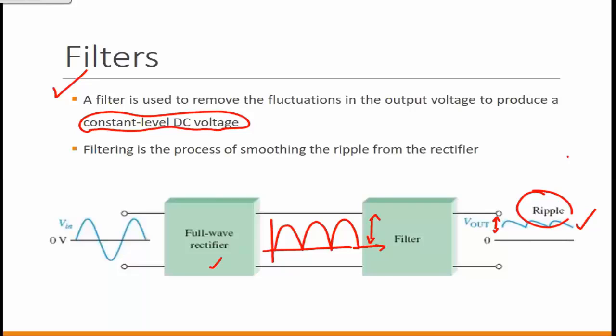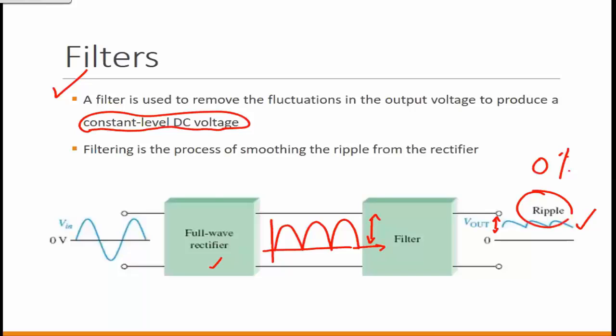This is usually expressed in percentages. So for example, 1% ripple factor, 0.01% ripple factor. A perfect power supply should have no ripple factor. Of course, that cannot be done.